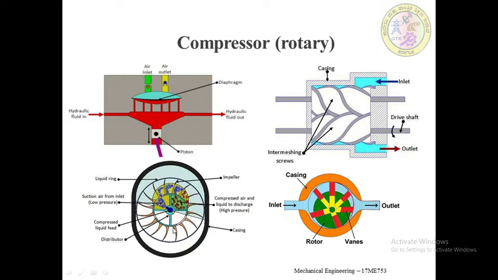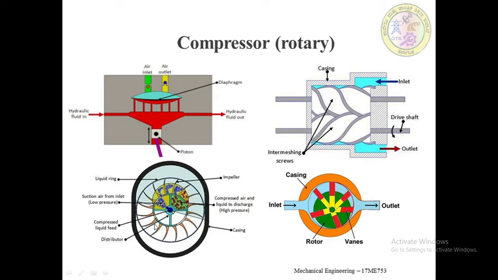From the liquid ring, there are suction and discharge ports provided. Like you can see in this image: this is the impeller, this is the liquid ring, this is the suction line, this is the delivery line, this is the compressed liquid feed, this is also the casing, and this is the distributor.